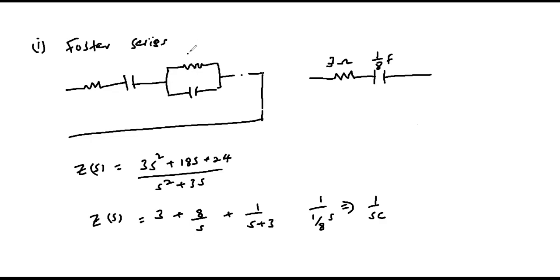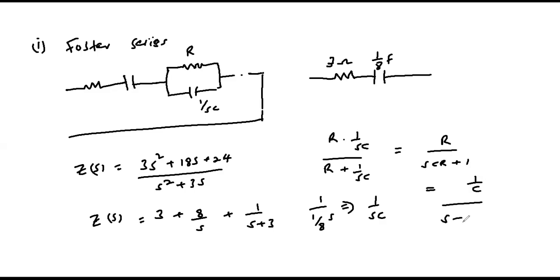If you have a resistor and a capacitor in parallel as R and 1 over sC, the impedance is R multiplied by 1 over sC, over R plus 1 over sC, which we can write as R over (sCR plus 1), which you can write as (1 over C) over (s plus 1 over RC).